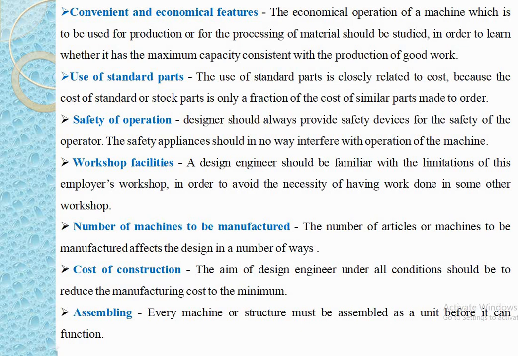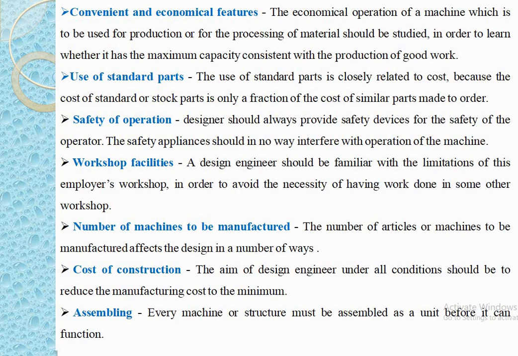Next is the cost of construction. Cost of construction is the most important consideration in the design. In some cases, it is quite possible that the high cost of an article may immediately bar it from further consideration, even if an article has been invented and tests of handmade samples have shown that it has commercial value.